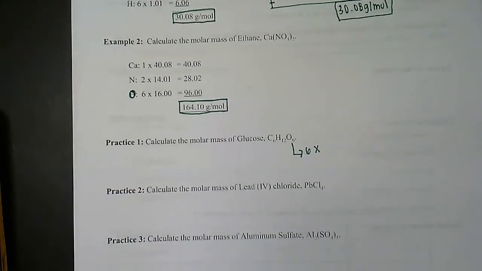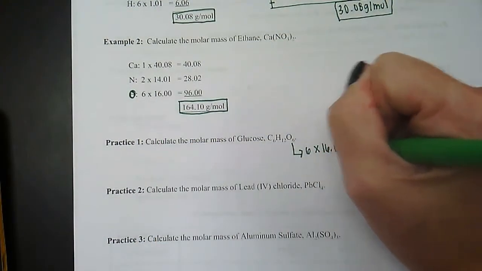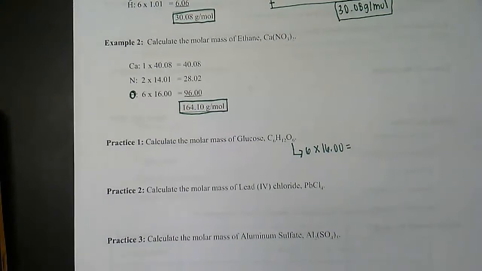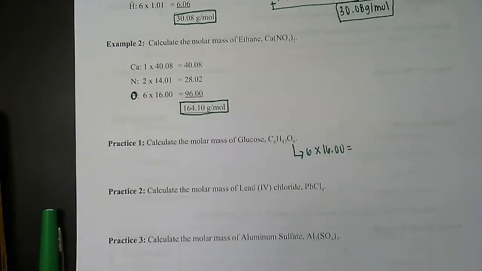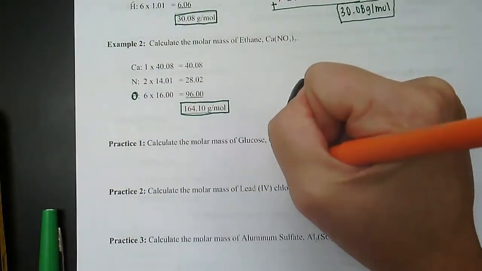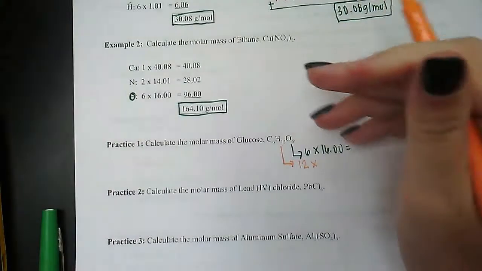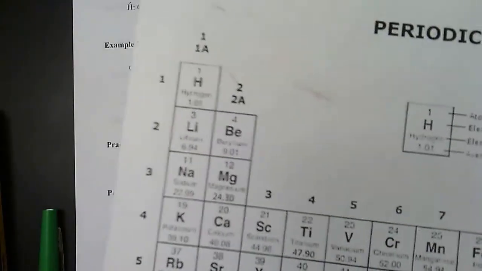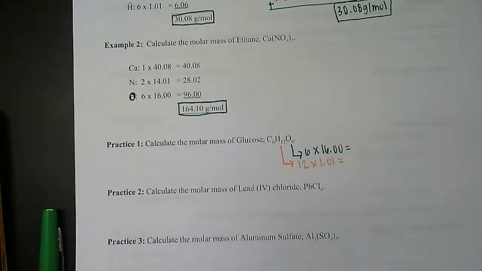I will multiply 6 by my mass of oxygen, which is 16, and also go to your periodic table to find that, okay? I'm going to grab another color, and I will do my arrow down, and I have 12 hydrogen times the molar mass, which is 1.01, equals.